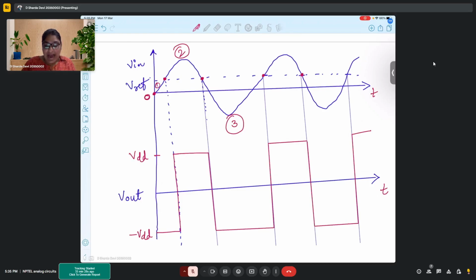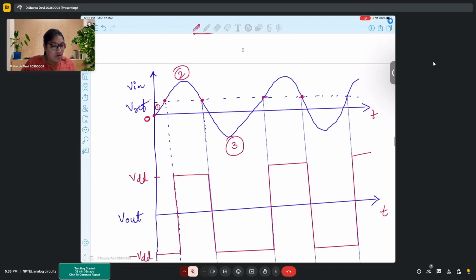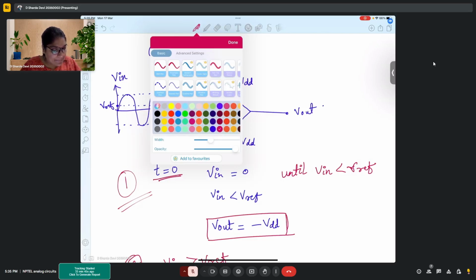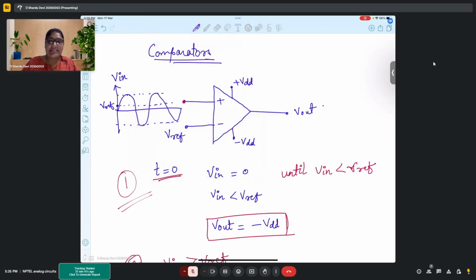Now, after the comparator, what comes is a... okay, so let's modify this comparator a little bit. When we modify this comparator a little bit, we call that circuit a Schmitt trigger. And again, that Schmitt trigger is nothing but a relaxation oscillator.